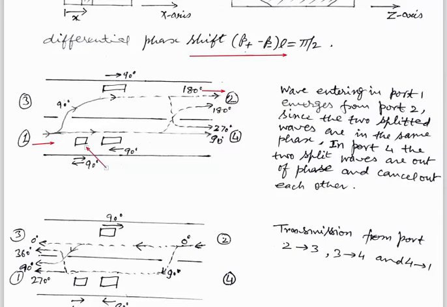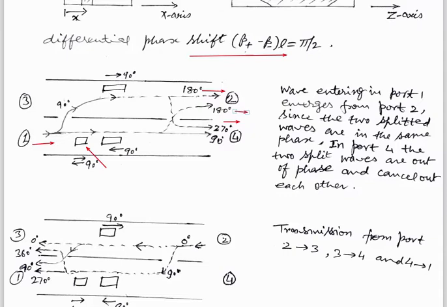So the phase difference will be 270 degrees in this wave. And similarly, from the lower waveguide to the upper waveguide, in crossing the aperture, again a 90-degree phase shift will be produced. So the phase in this wave will be 180 degrees.